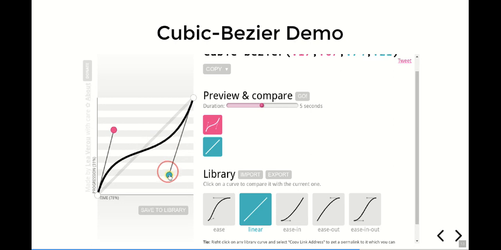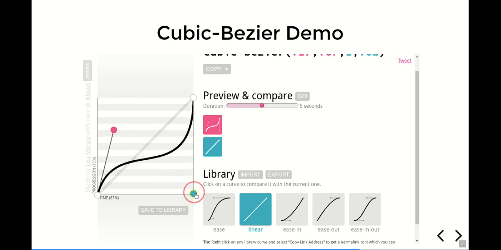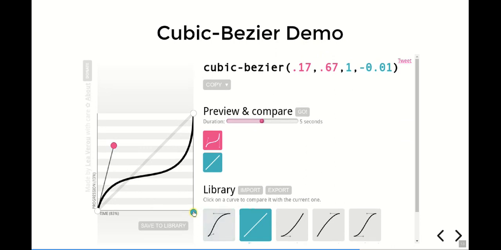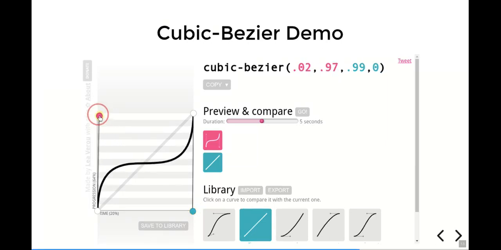So let's make a kind of an S. Let's pull this all the way down to 0. And you can use negative values if you want to make them go even further. So let's leave that at 0, and then let's pull this one up all the way to 1. All right, so we have, there we go.